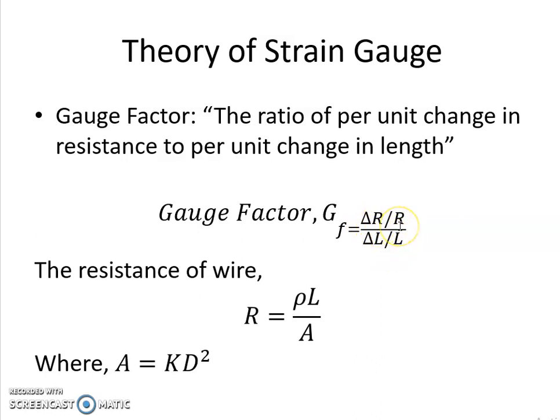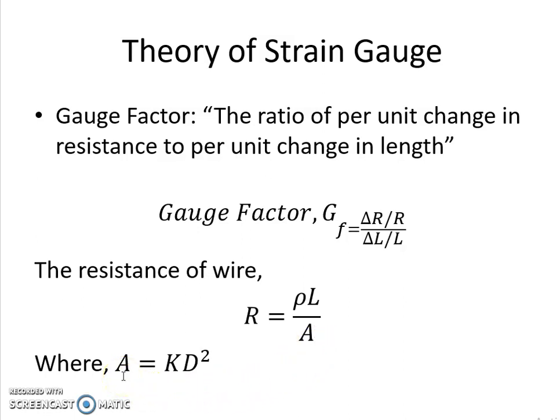Delta R by R is the per unit change in the resistance, and delta L by L is the per unit change in its length. Now we know that the resistance of the wire is given by a common equation, R is equal to rho L divided by A. Here rho is the resistivity of the material of the wire, L is the length of the wire, A is the cross-sectional area of the wire.